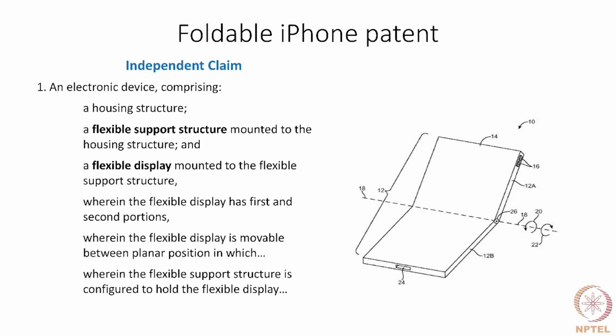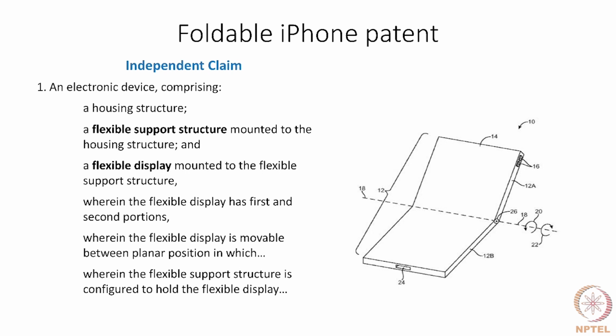So an electronic device is what we call the preamble, comprising is the transition, and following the transition you have the body. The body comprises three parts: a housing structure, a flexible support structure, and a flexible display. Now, what is the flexible support structure? What is the display about? All those details can be fleshed out by using the wherein language.